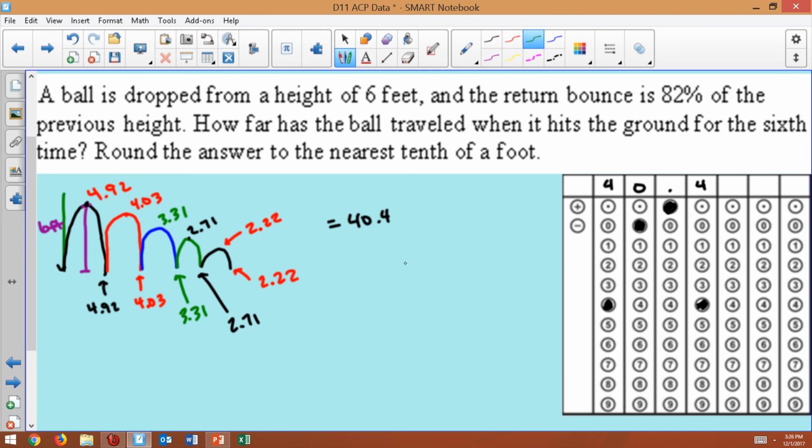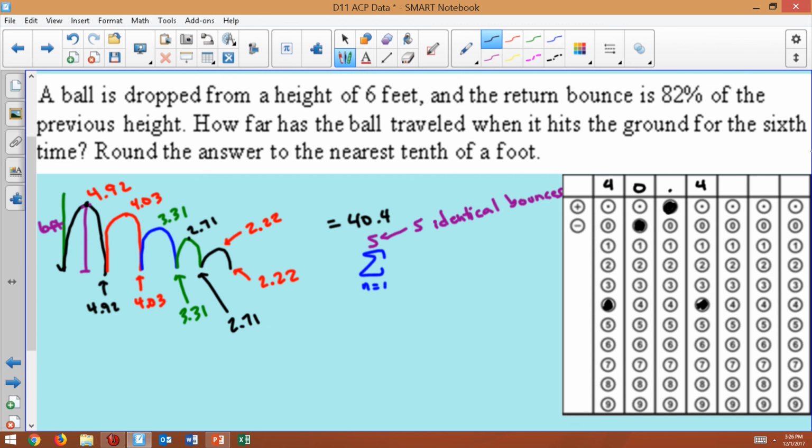So here's what we would do. Remember when we do sums, what you do is you use sigma, and n is 1, and you would count how many bounces it would be. Now we have 1, 2, 3, 4, 5. I would put 5 since I only have 5 identical bounces. Okay? Because I only have 5 identical bounces, that's why I'm using that number. And so what happens 5 times?